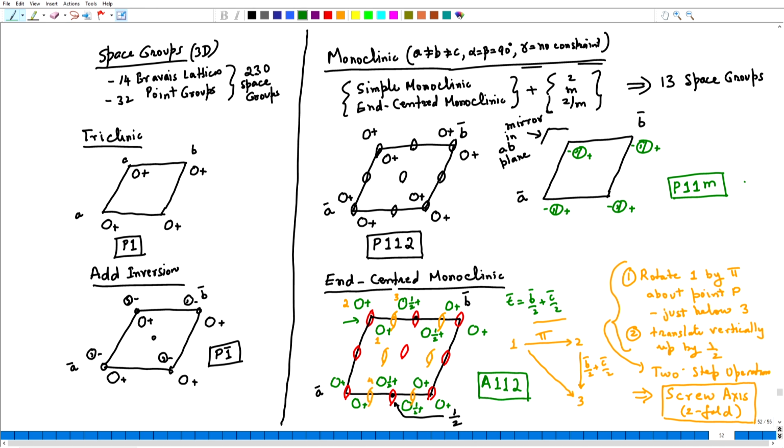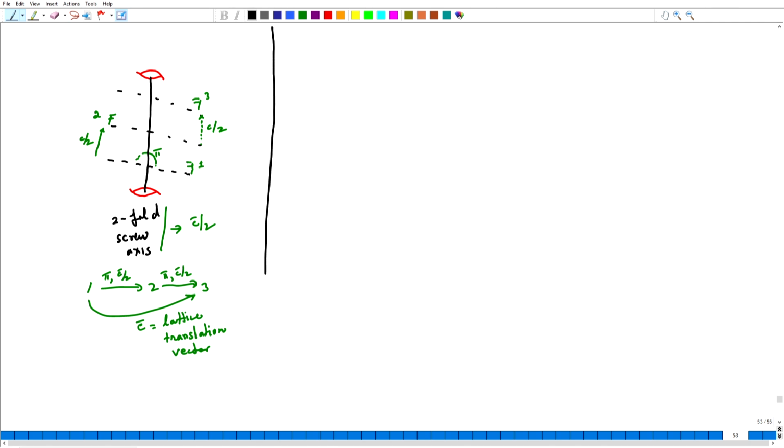Now, before I discuss the screw axis further, I want to take another space group, again based on the monoclinic system, in fact on the end-centered monoclinic. End-centered monoclinic means that I have the lattice points in the center of the A face, but this time instead of having a two-fold, there is a mirror in the AB plane.